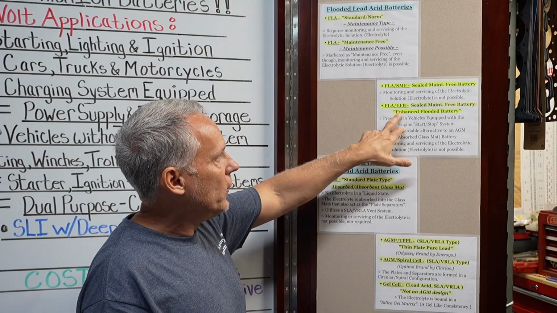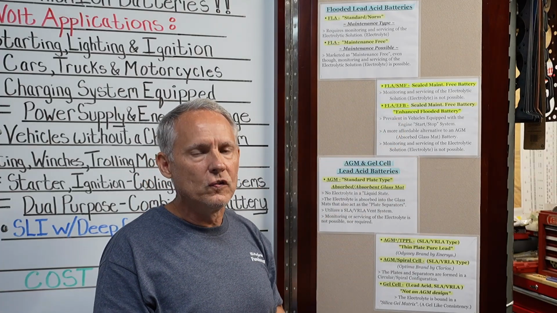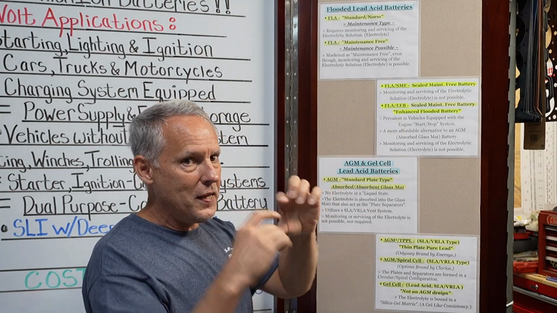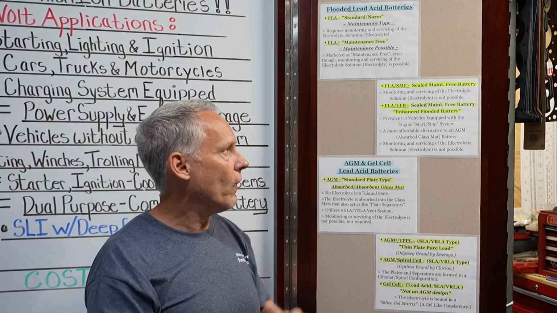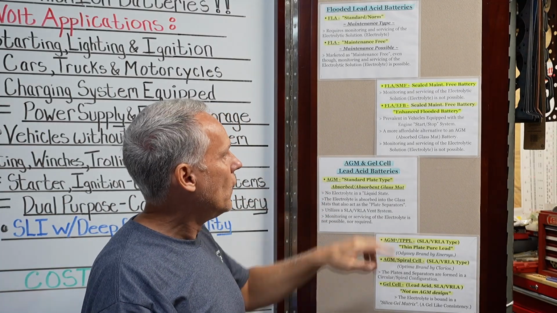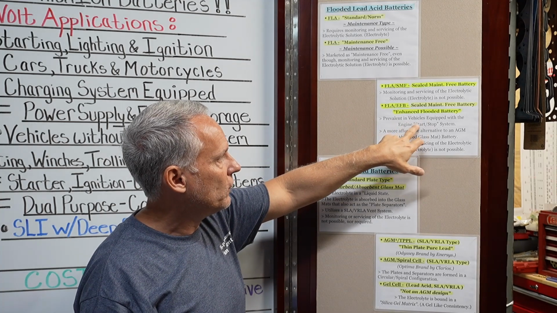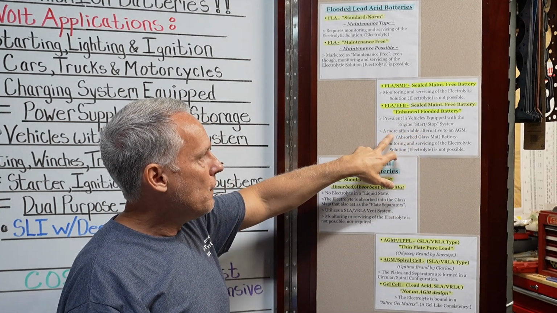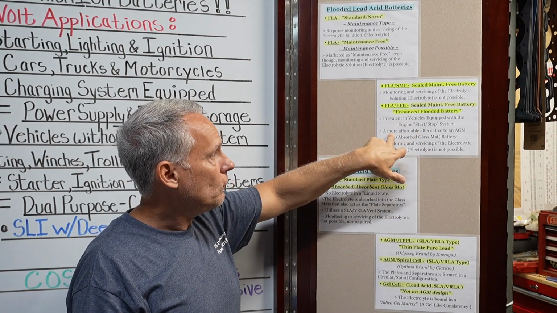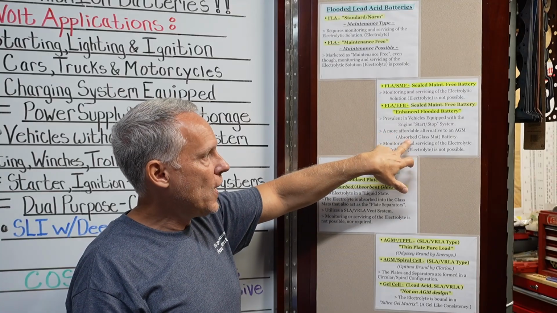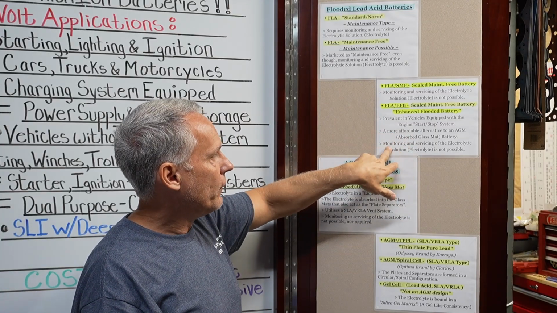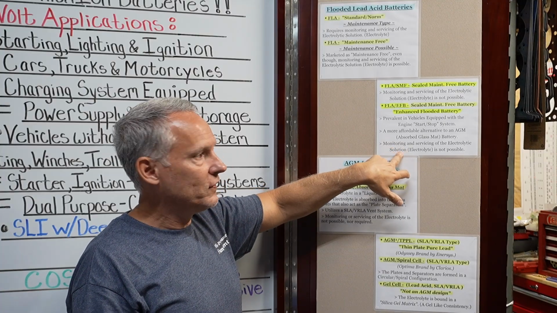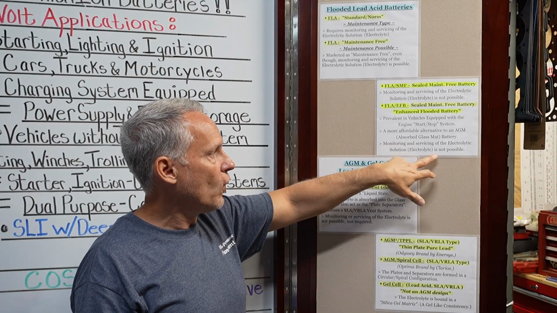They have been re-engineered to take that, right? There is a difference. If you see EFB on the front of a battery, it's a flooded lead acid battery, but it's EFB. There truly is a difference. So like I said, prevalent in vehicles equipped with the engine start-stop system, a more affordable option or alternative to an AGM absorbed glass mat battery, kind of falls in the middle. An AGM battery: monitoring and servicing of the electrolytic solution is not possible.